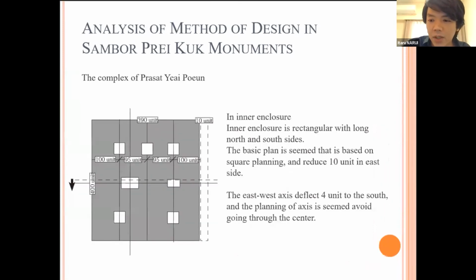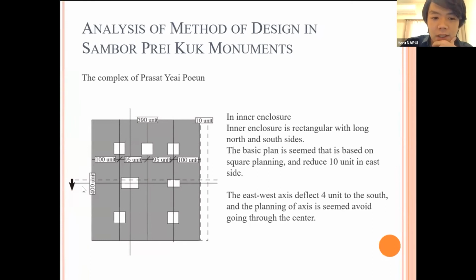In Prasat Yeay Poan of the South Group, the inner enclosure is rectangular with long north and south sides. The basic plan seems to be based on a 400-unit square planning, reduced by 10 units on the east side.